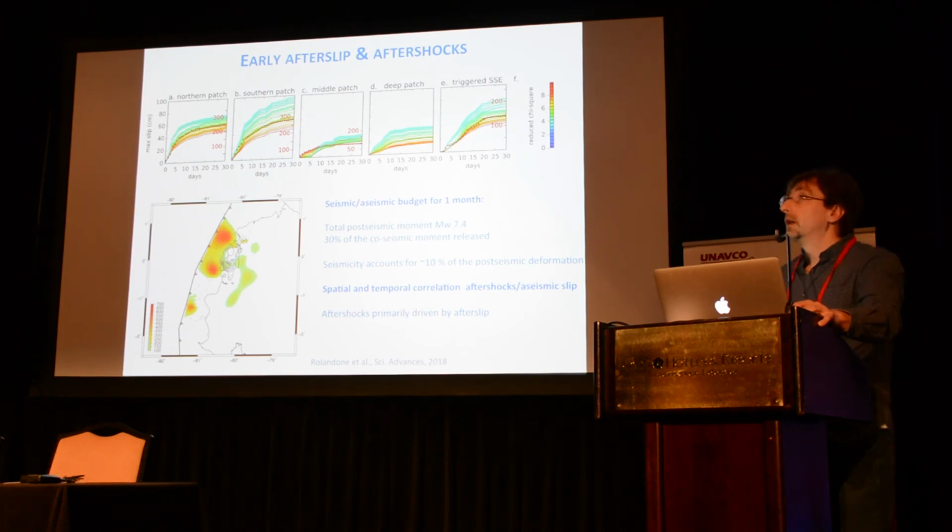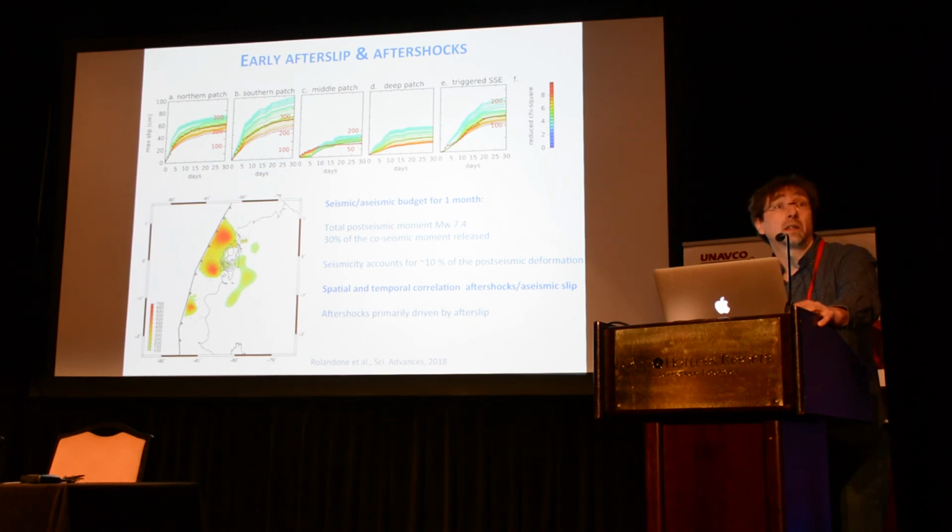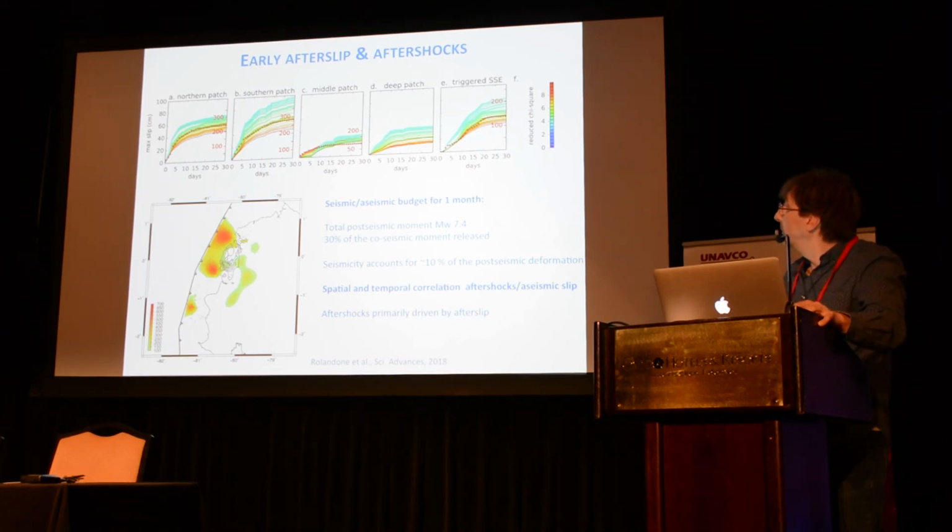In terms of this deep afterslip, of course, at this depth we can't exclude a viscoelastic contribution to the signal that we see. We didn't do any modeling, but the test we did was to remove the GPS time series for sites located in the Andean Cordillera.